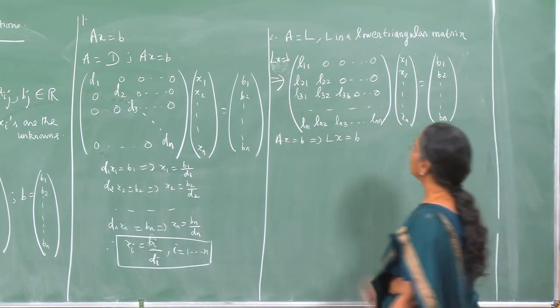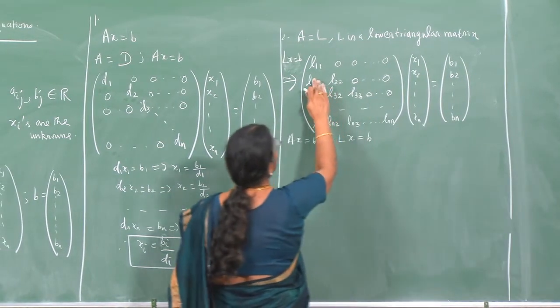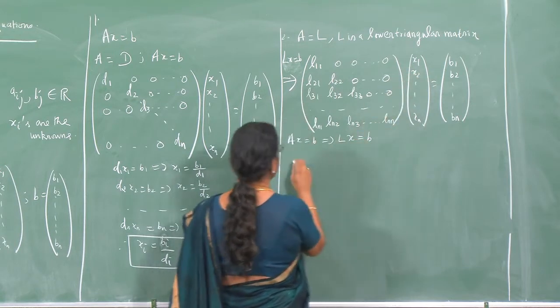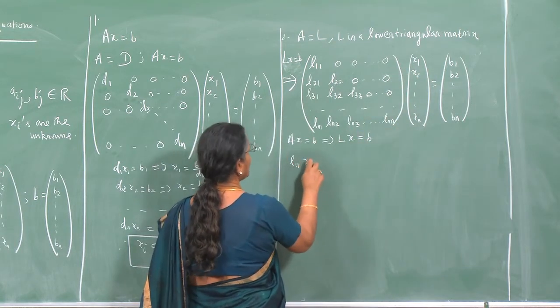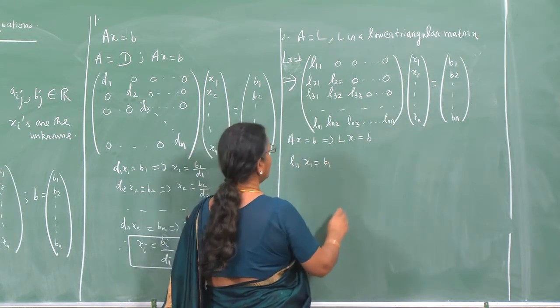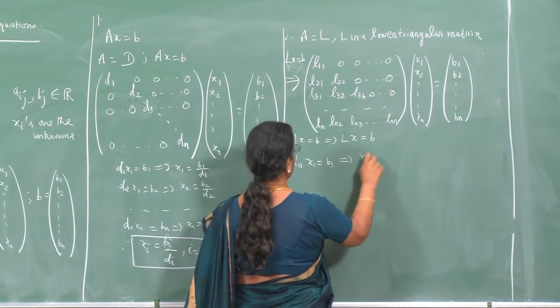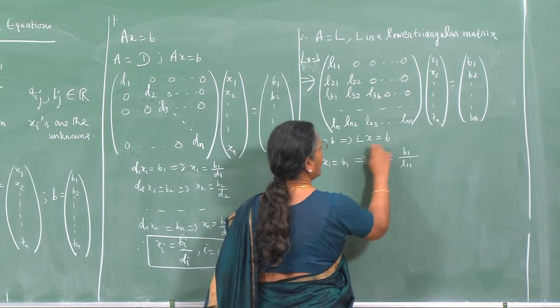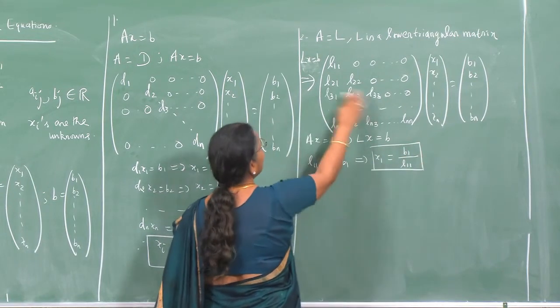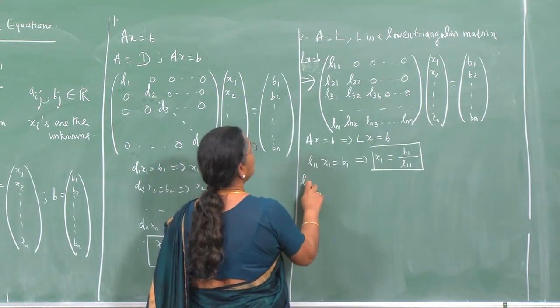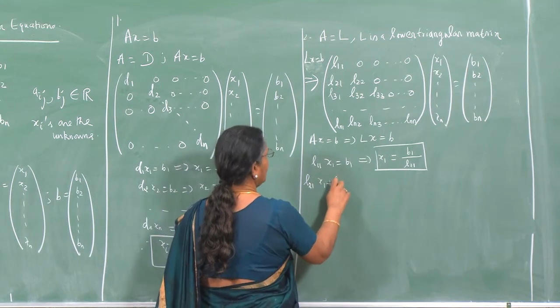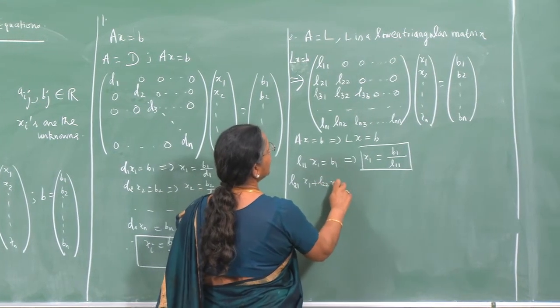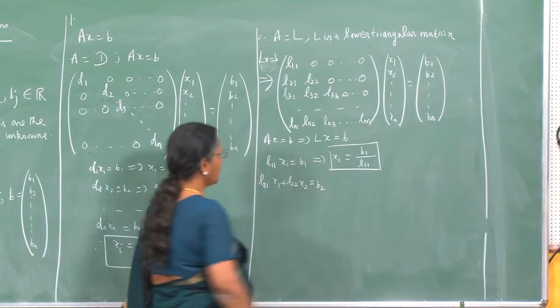So, we observe immediately that the first equation is L11 into x1, and that is B1. That gives you what x1 is, namely B1 by L11. Then the second equation gives you L21 into x1 plus L22 into x2 is B2.